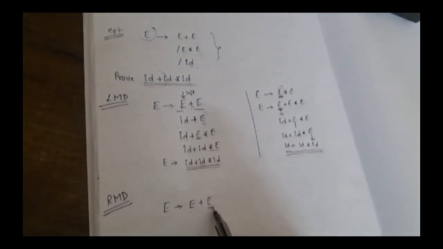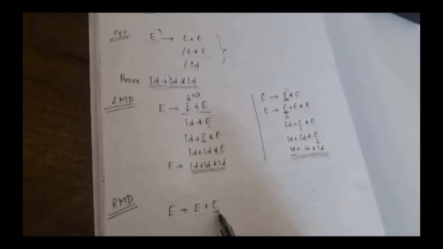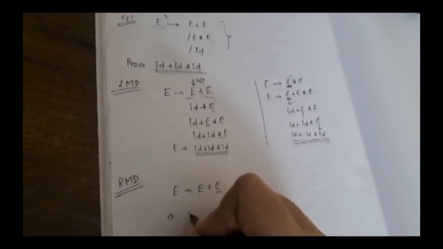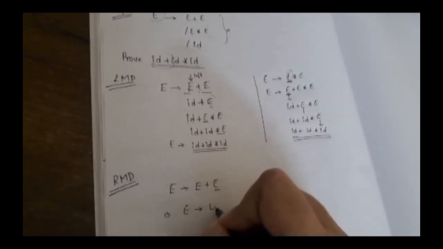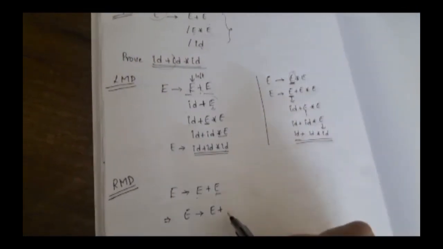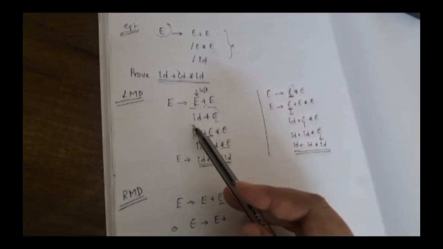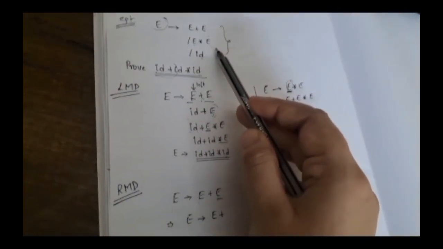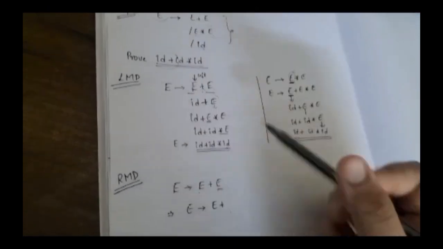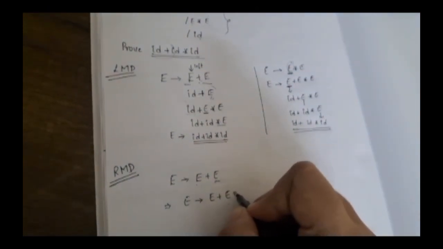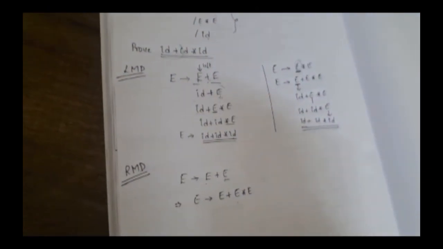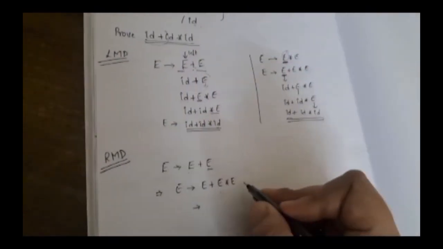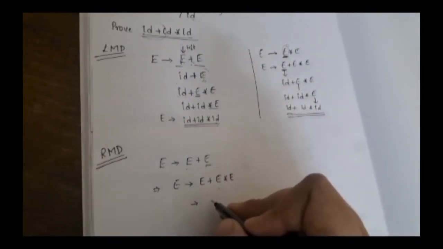So I can write E implies E plus E star E. Can I take E star E here? Yes. Now again, the rightmost side itself I can derive.